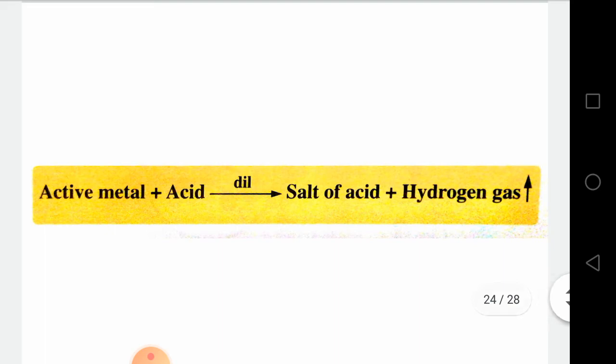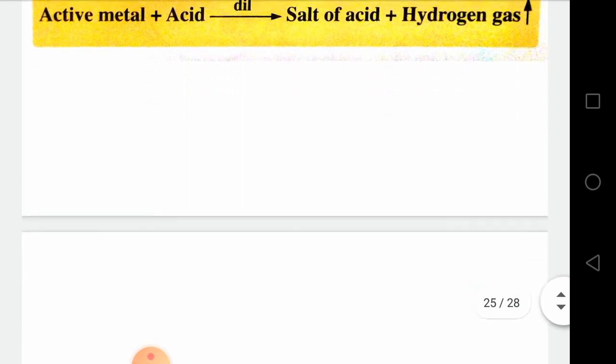This is the equation of the reaction of active metal with acid. Active metal, for example zinc, with acid, for example hydrochloric acid, produces the salt of the acid, for example zinc chloride, and evolution of hydrogen gas.